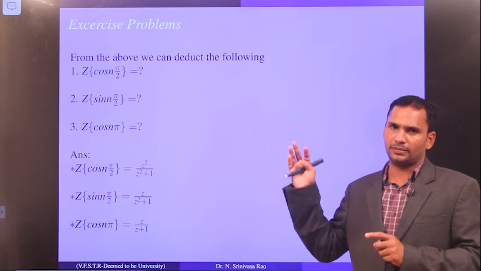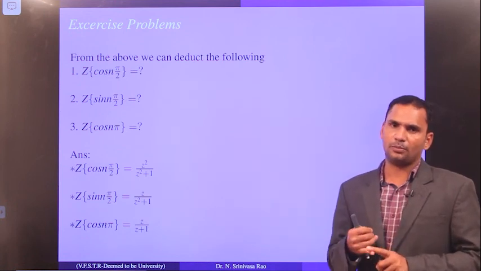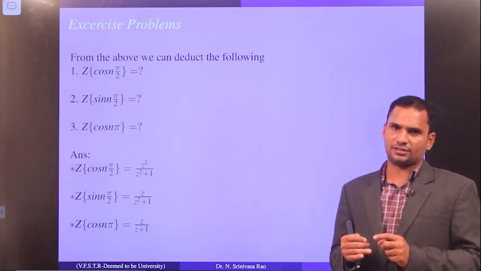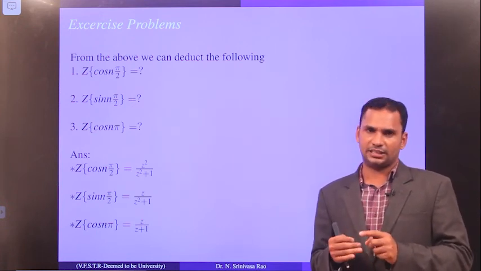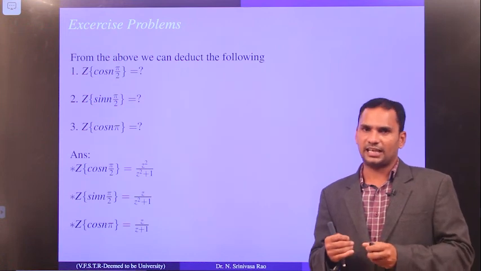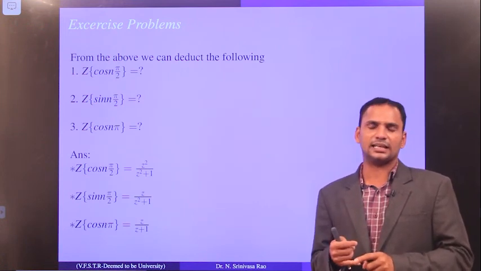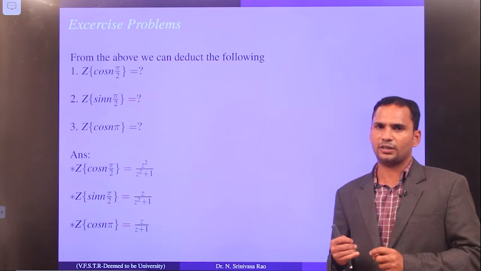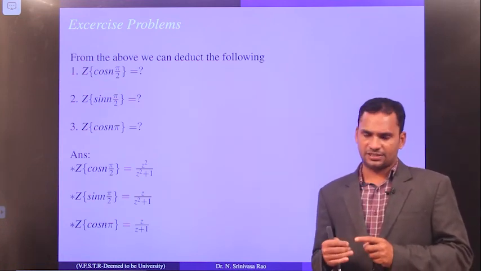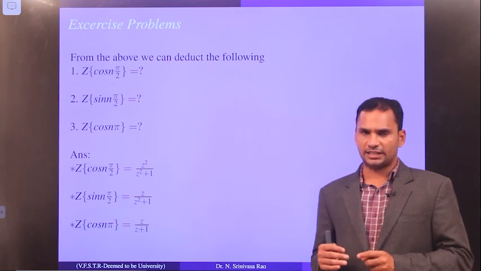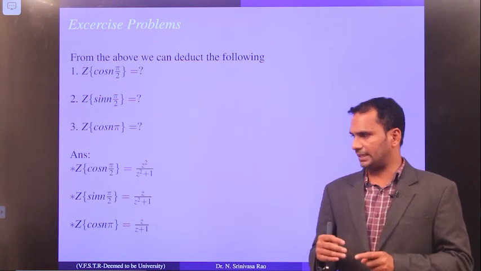Then we have solved many examples, like the Z transform of a constant sequence. Suppose the sequence is k, k, then the answer is kz by z minus 1. Similarly, the Z transform of a power n is z by z minus a. Also the Z transform of e power an and e power minus an, and so on.